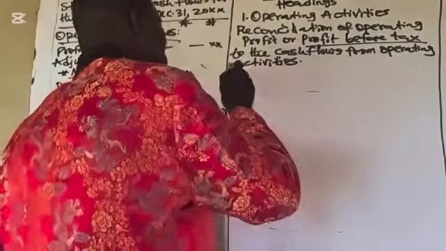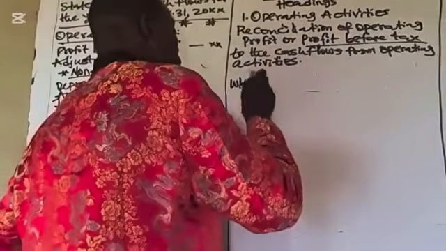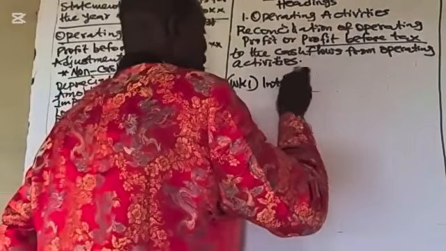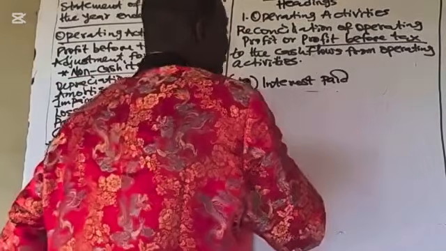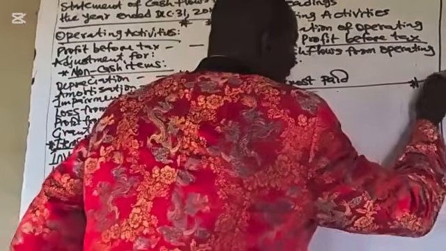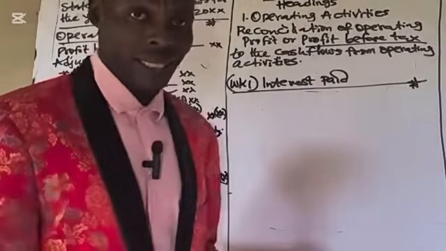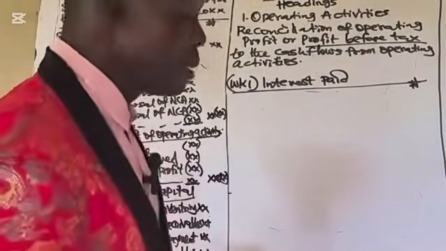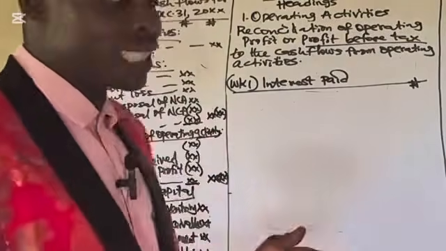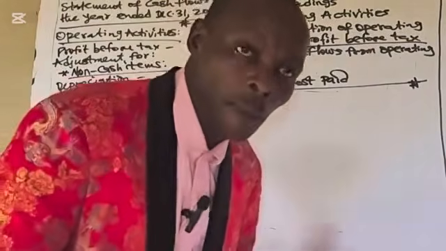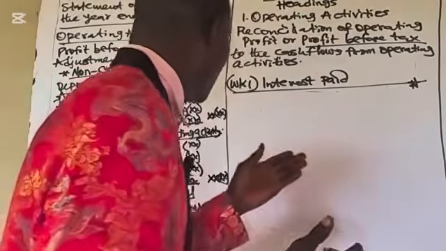That means you need to check your current liabilities or your note to ascertain that there is interest payable in the period. Working number 1, you have interest paid. You want to calculate the interest paid. In all my workings, I will always start with the opening balance. I've told you for the purpose of statement of cash flows, two statements of financial position will always be provided.